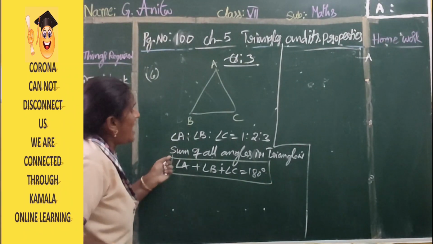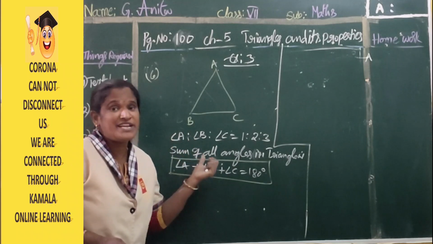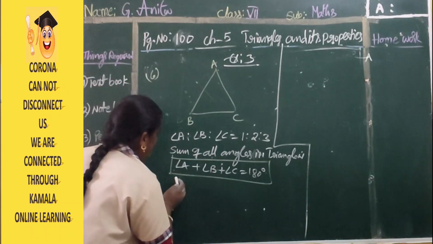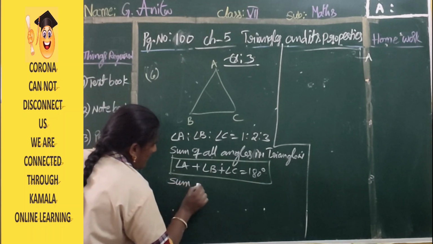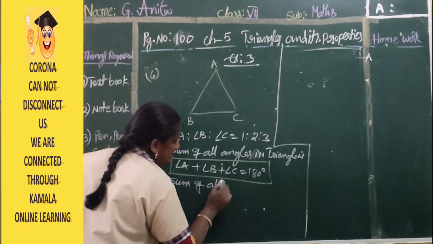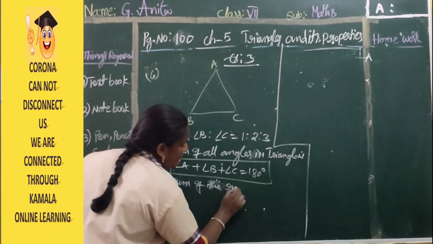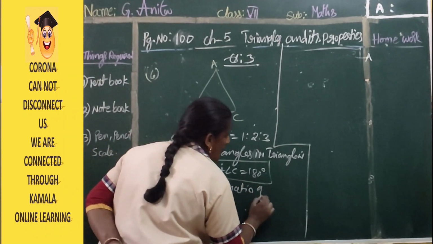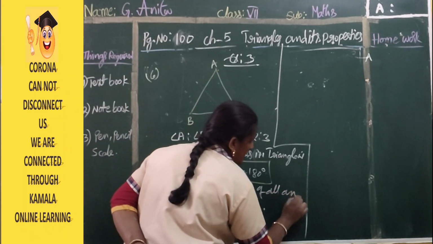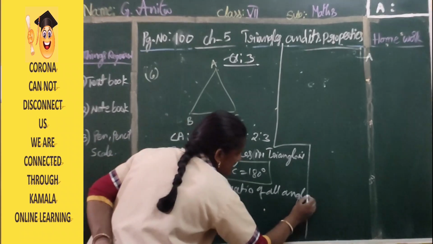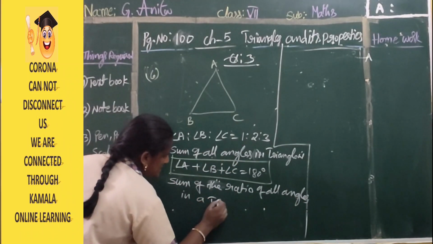So the sum of the ratio of the angles in a triangle is also needed.